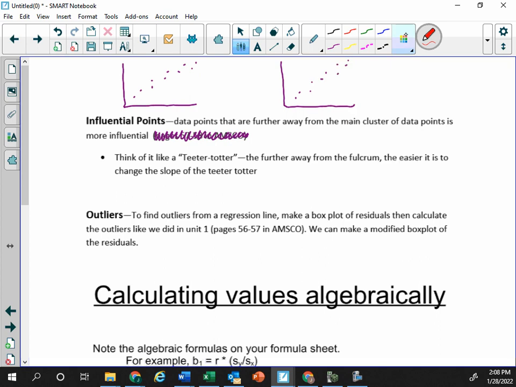Once you draw those, then I'll put in my points. All right, guys, let me draw 2 dots. I'm going to put 1 dot here, and 1 dot way out here.